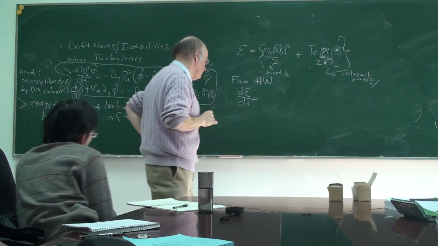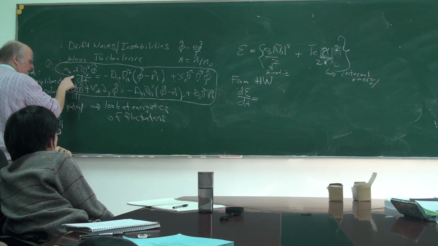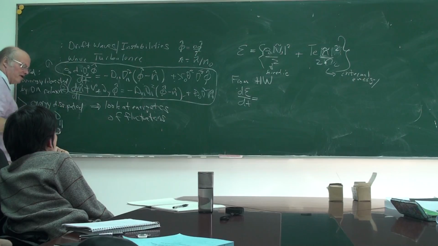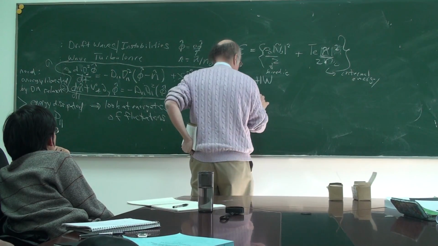I would multiply equation 1 by phi and integrate by parts, and then that would become the time derivative of the kinetic energy, wouldn't it? So I could play some game like this.